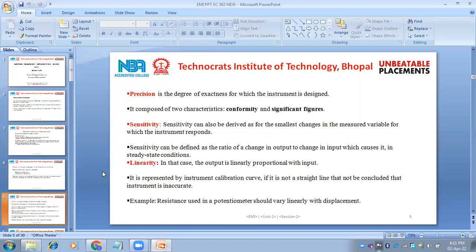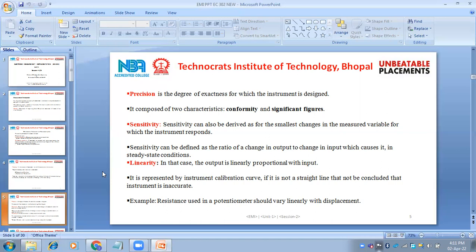Another static characteristic is called the sensitivity of the instrument. It can be derived as the smallest change in the measured variable to which the instrument responds.